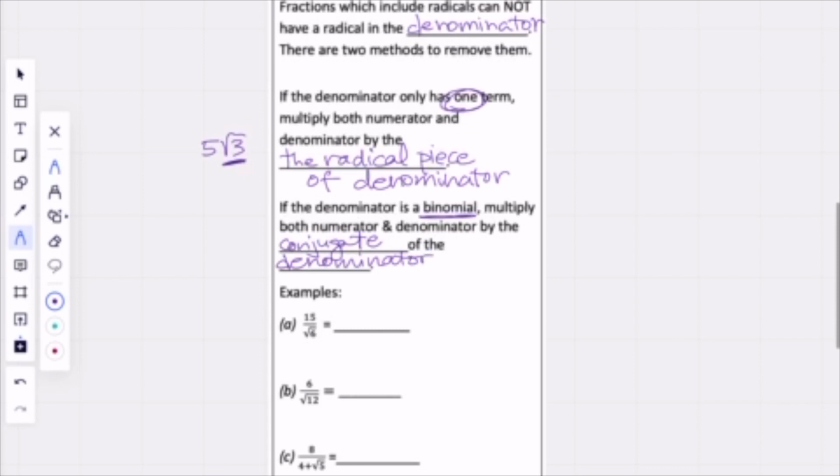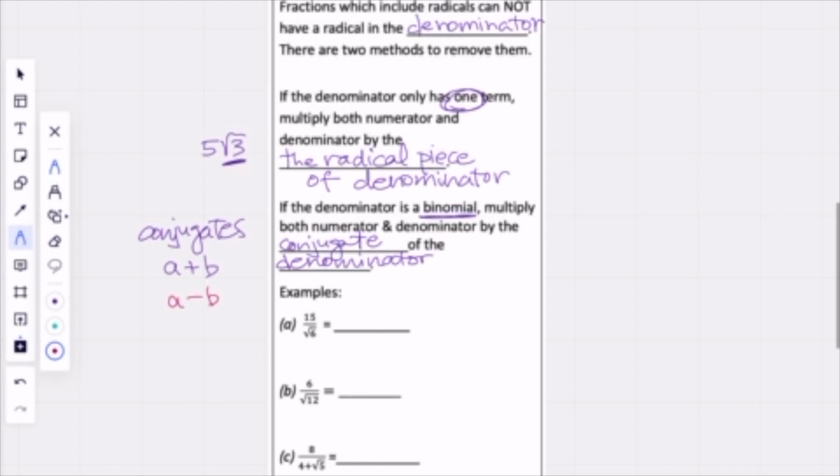Okay, conjugates, here's a little sidebar, are expressions with two terms that are added or subtracted. So let's say I've got A plus B. The conjugate of A plus B has the same two terms with the opposite sign.